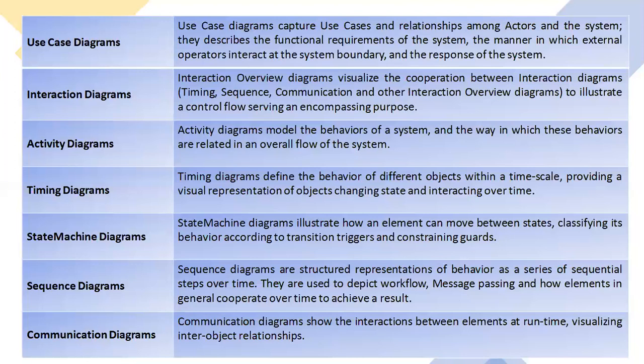Then coming to the state machine diagrams, we also call them state chart diagrams. They show the state machine that depicts the control flow of an object from one state to another. A state machine portrays the sequence of states which an object undergoes due to events and their responses to the events.